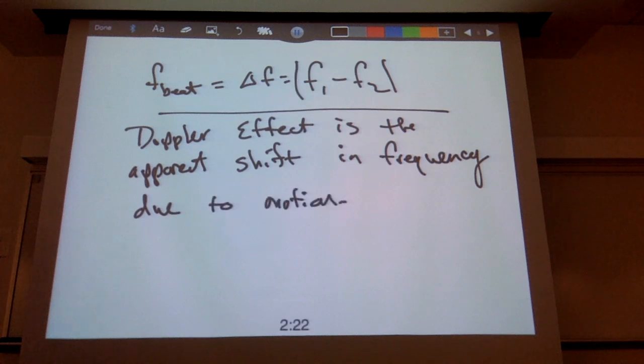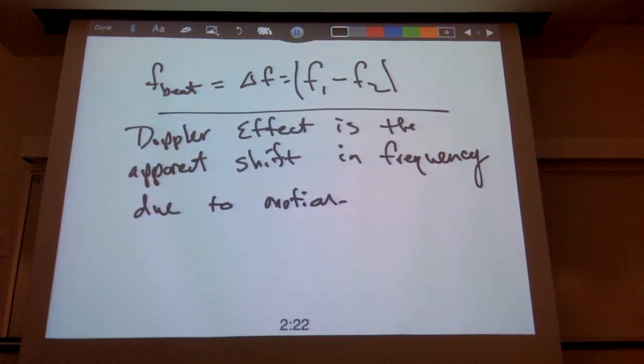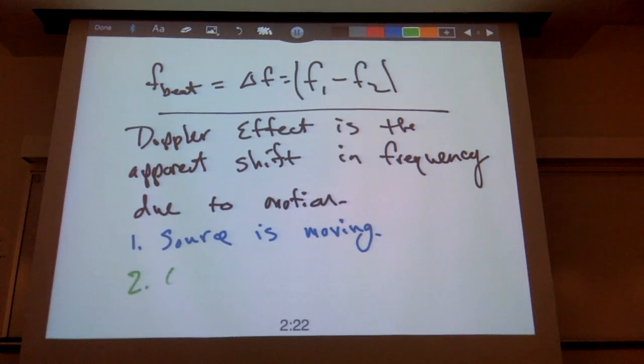So effectively, this can happen one of three ways. You saw one, which Sheldon was demonstrating as well: the motion of the source. So one way is that the source itself is moving. A second way is that the observer is moving.